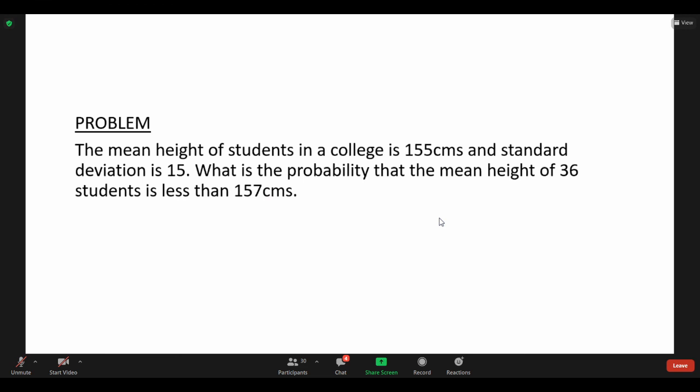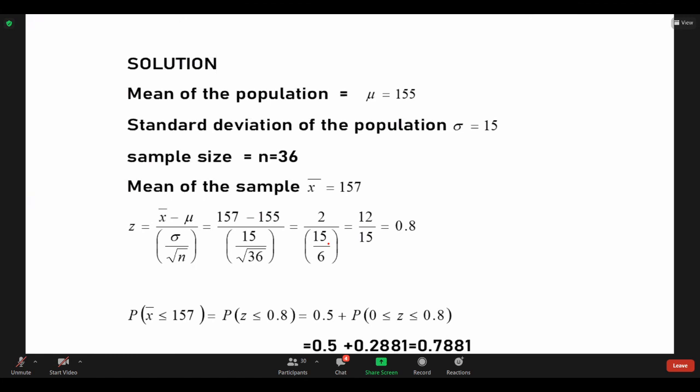I hope all of you understood the sampling distribution. We discussed this question yesterday, but once you see it, we have to convert into a z variable. See the solution part.